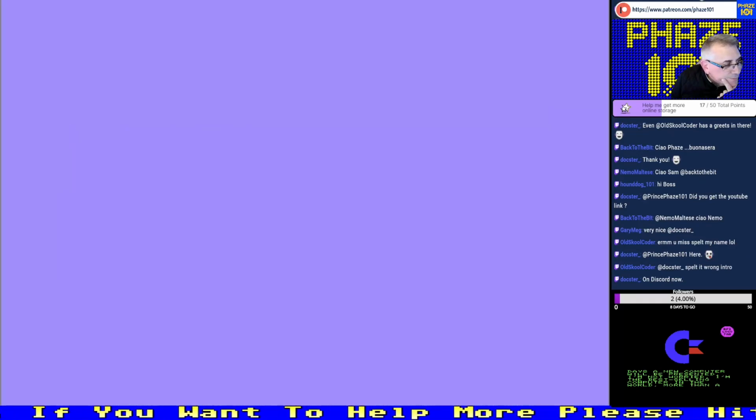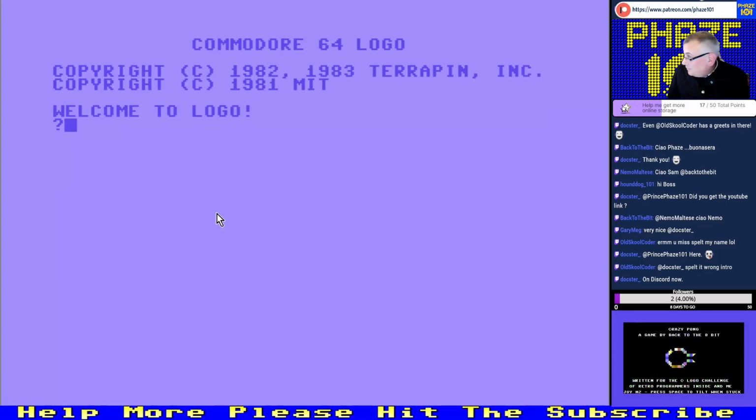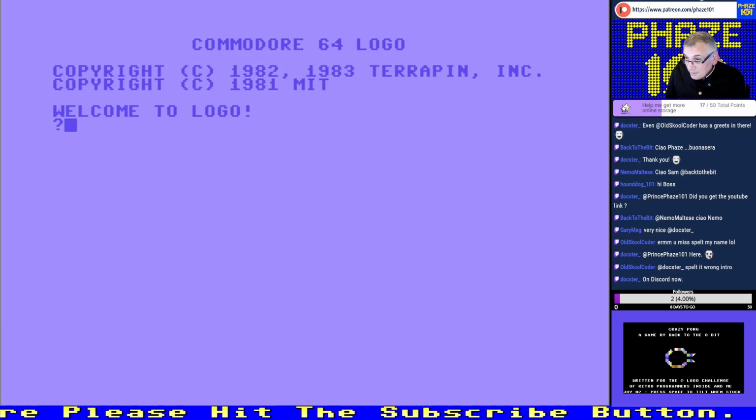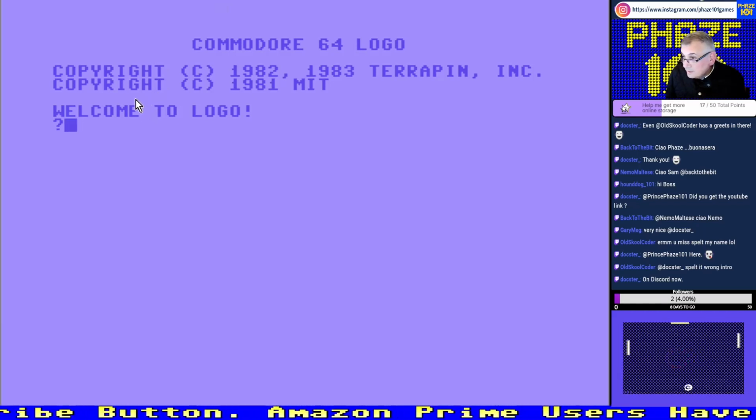Can you put the warp mode? Okay, so there you go, it loaded. So now I need to attach the other disk. And this is logo stars.